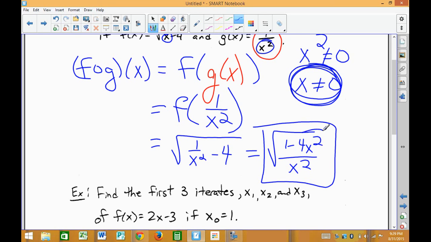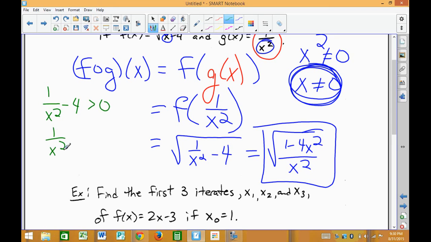But we have another issue, and that issue is that this, either in this form or in this form, is underneath the radical. And whatever's underneath the radical cannot be negative. So we have to say that 1 over x squared minus 4 has to be greater than 0.